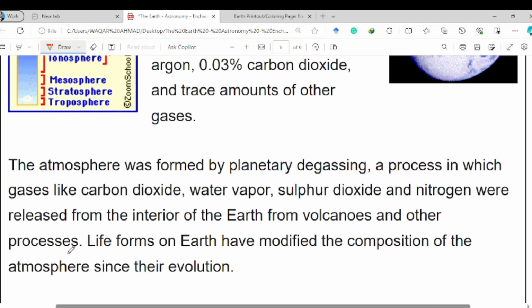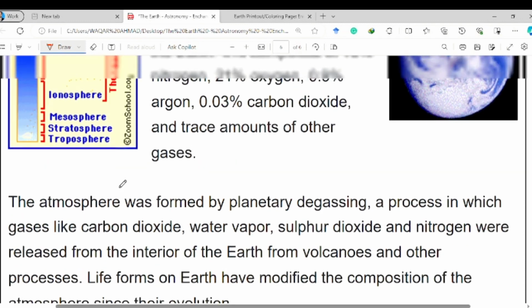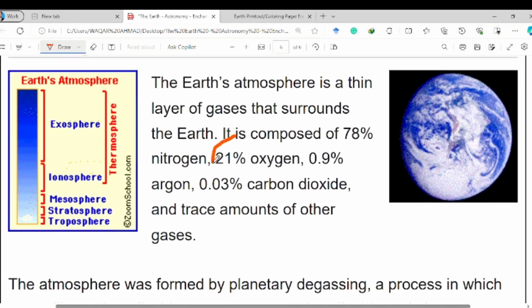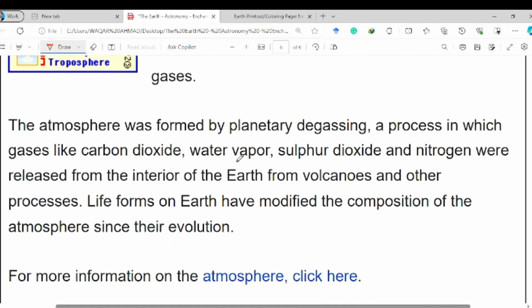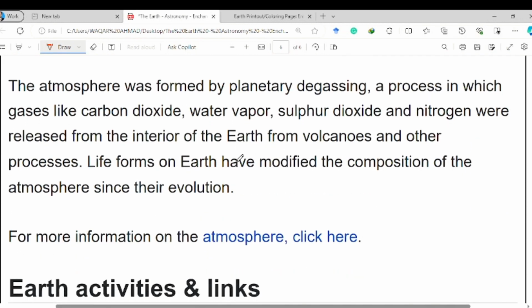Initially, life required no oxygen. Then evolution increased the oxygen level, which is very important for living organisms for respiration. These are the evolutionary stages the Earth has come through.